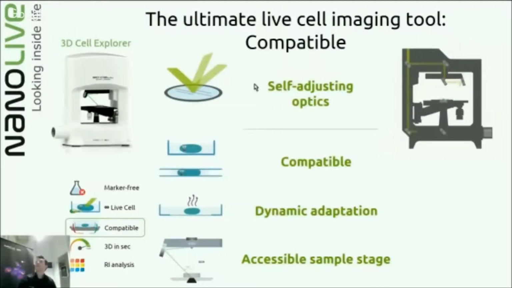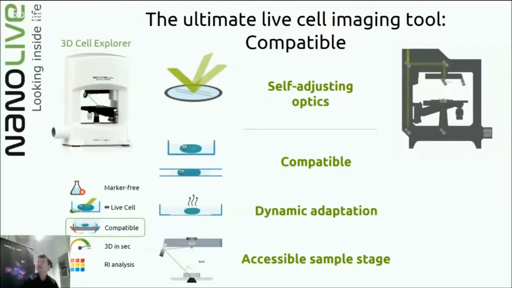Now, we are proposing a device that is extremely powerful because it's compatible with all the standards you want to use, and it's extremely intelligent. Our microscope is self-adjusting. The optics themselves are able to understand if something is going wrong with your sample and compensate for these differences.